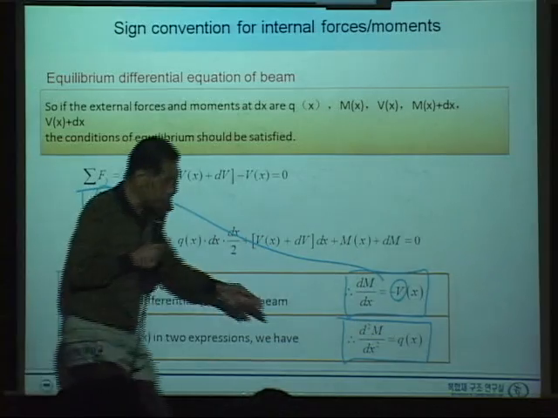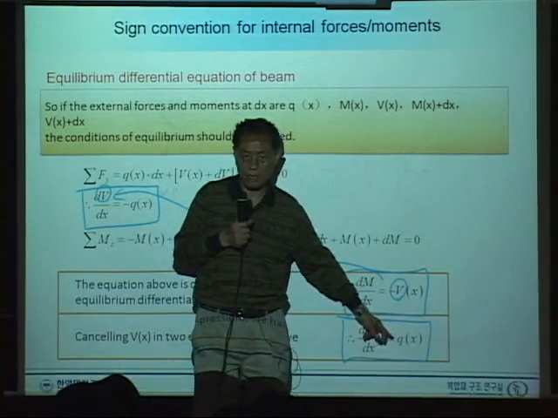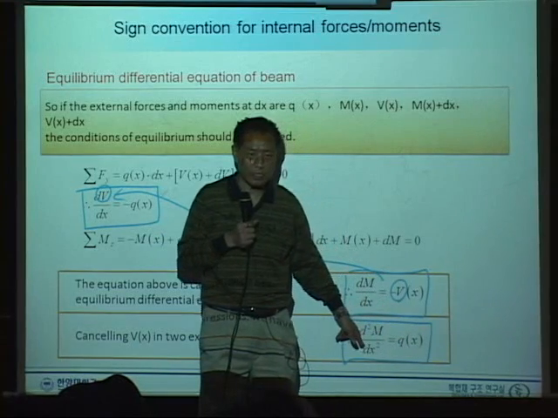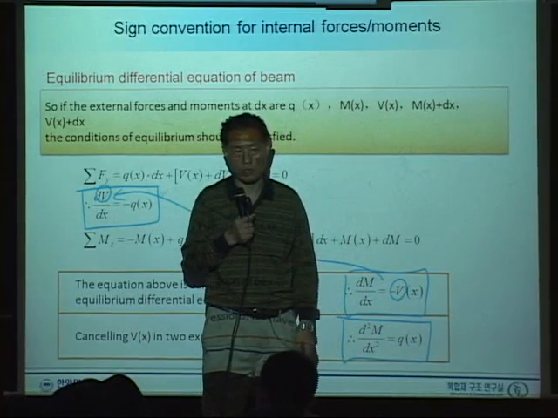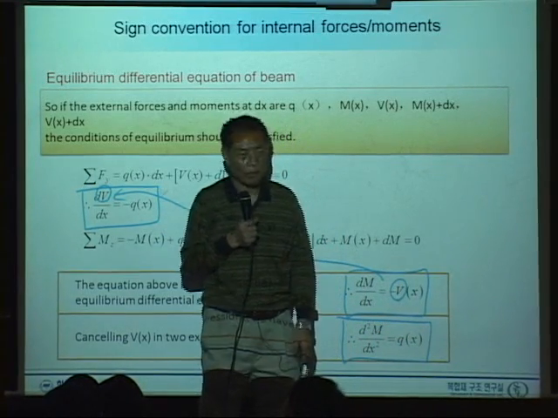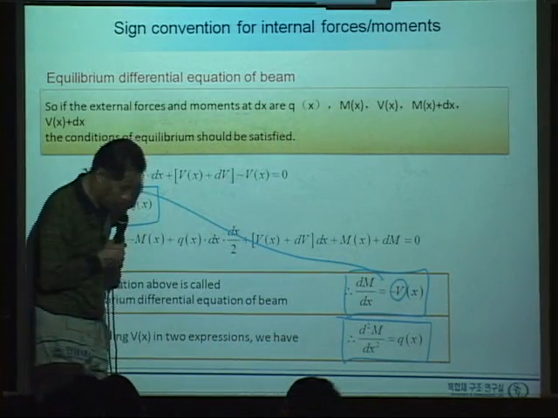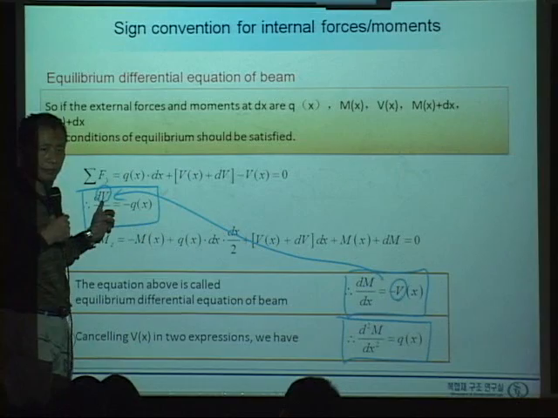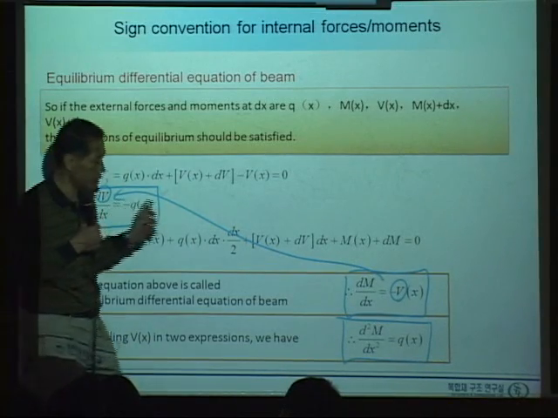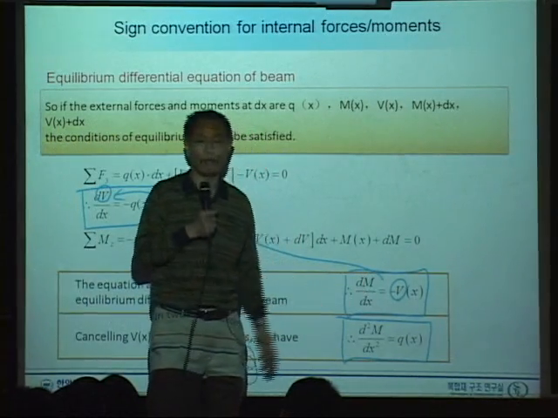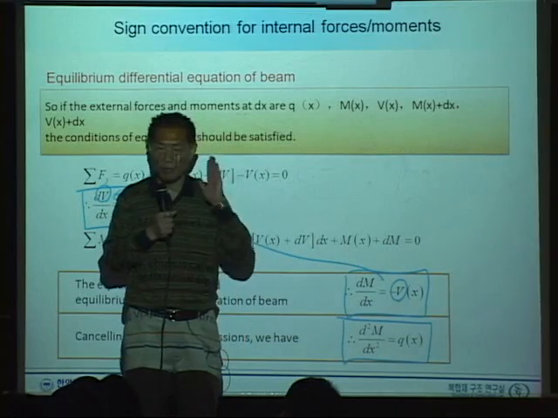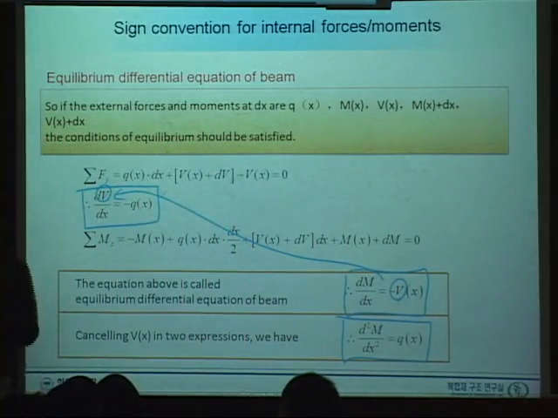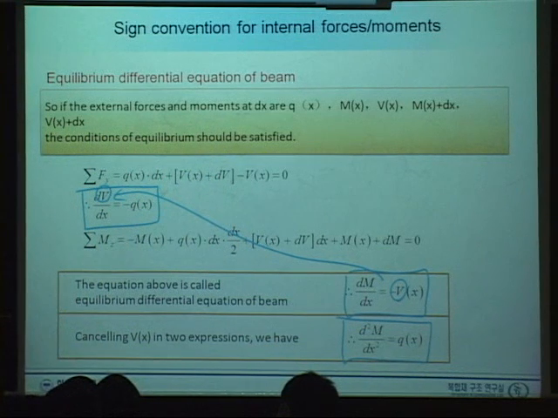Again, q is externally given as a function of x. If you integrate twice, you will have the moment distribution. Or you can do it step by step. q is given, you calculate V, and once you have V, put it here and calculate the moment. The moment distribution and V distribution are the key part.